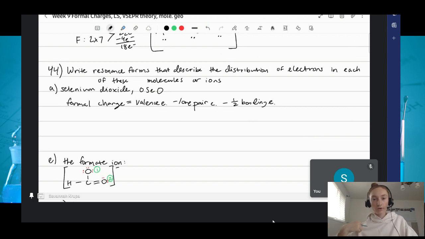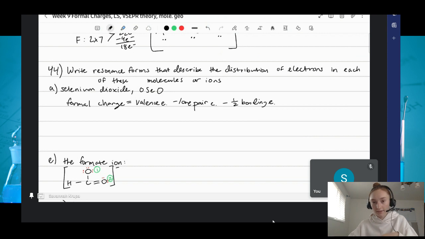Like I mentioned before, when you have two atoms bonded to each other and one has a -1 and one has a +1 formal charge, that's a good indicator that they'll share a double bond instead of a single bond to get those formal charges to a 0 value. And formal charges, that is the aim for everything, to have a 0 formal charge.